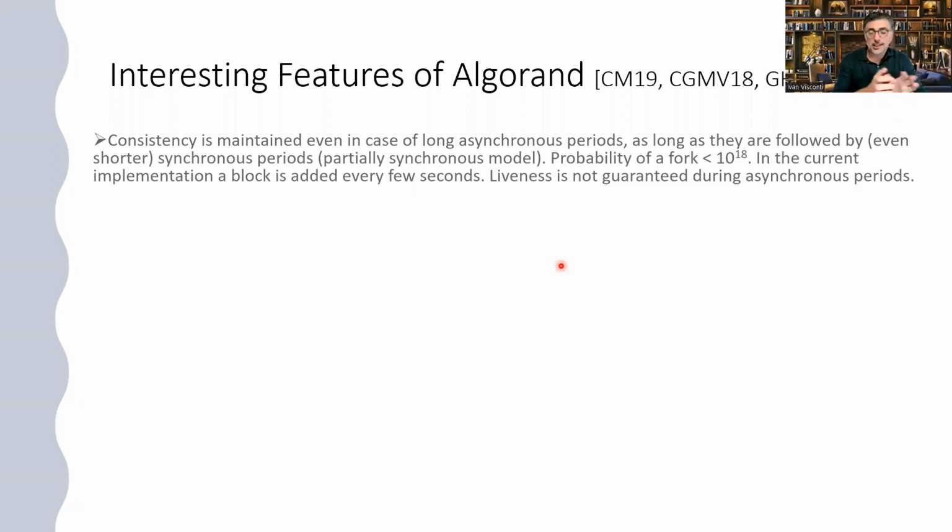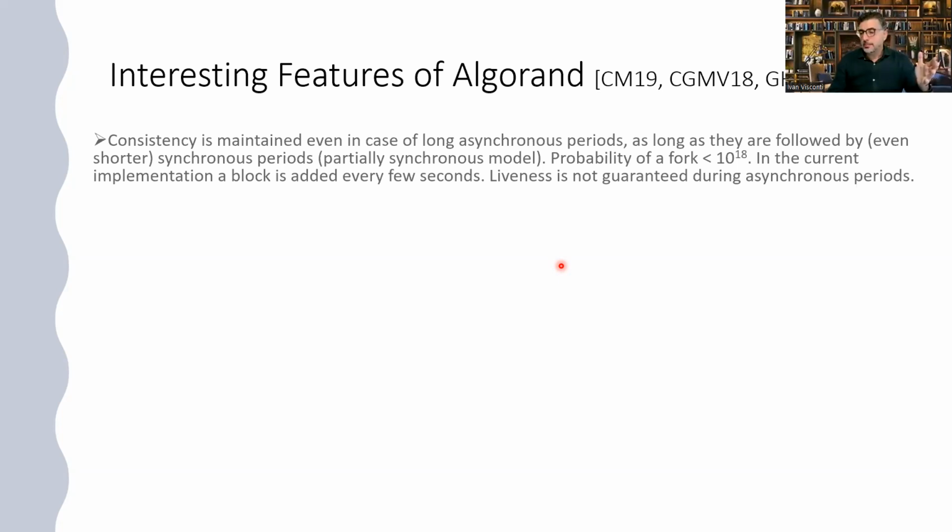It's essentially the partially synchronous model, and therefore Algorand can be considered secure in the partially synchronous model, unlike Bitcoin. Anyway, it's a mathematical proof in a model. It's theory, but it's better to have it than not to have it.